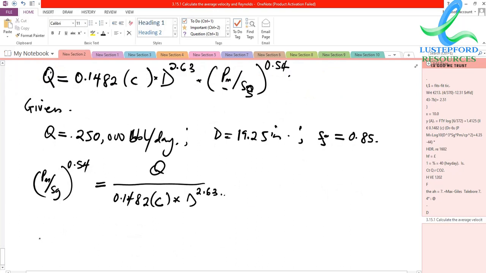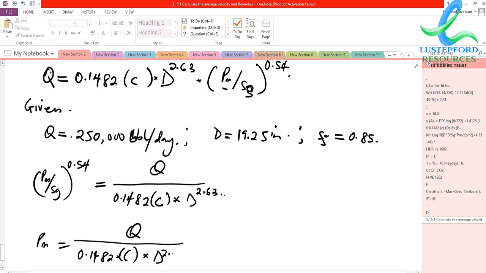Now the Pm will be equal to this: 0.1482 times C times D raised to power 2.63, all raised to power 1 over 0.54, times specific gravity.